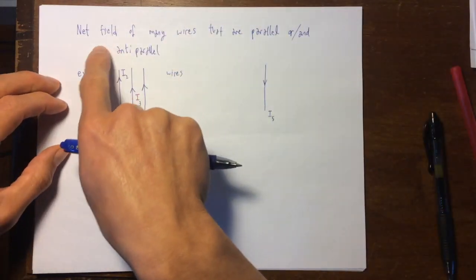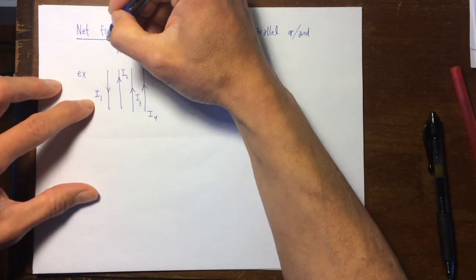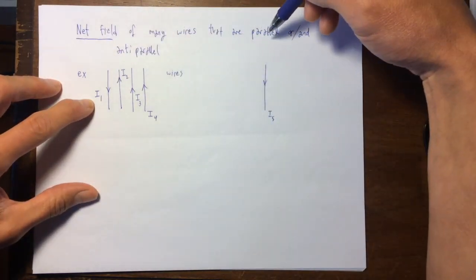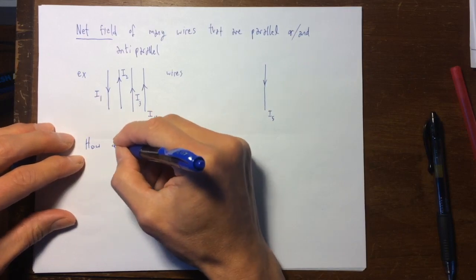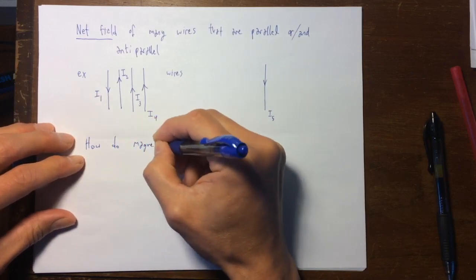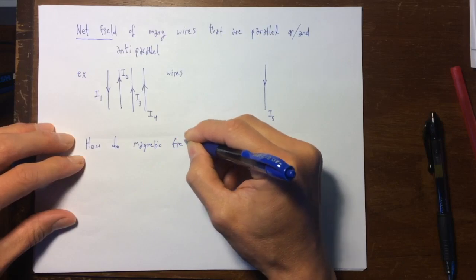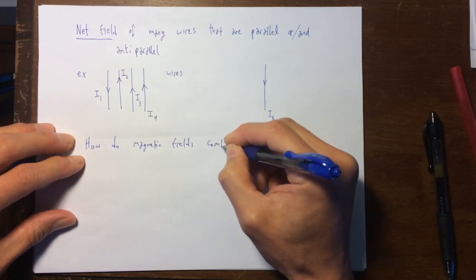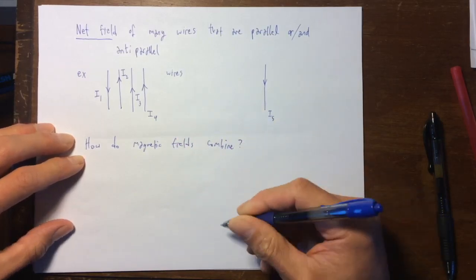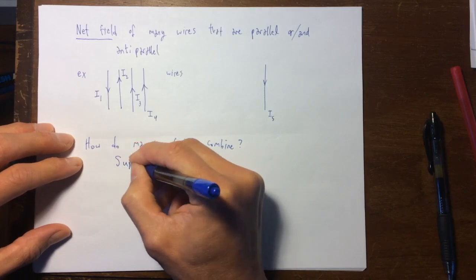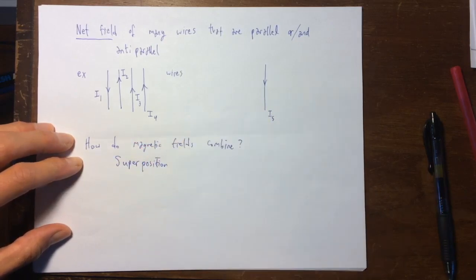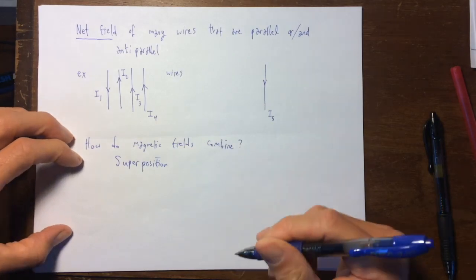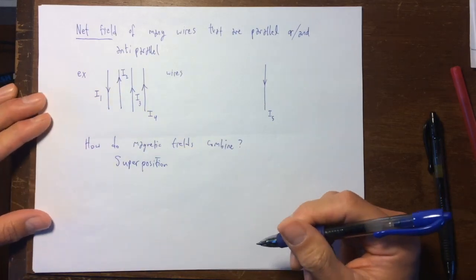So I could imagine that these 5 wires have 5 magnetic fields all mixing up with each other. If the goal is to figure out the net field of many wires, then we need to know how magnetic fields combine. And the answer is, they do the very simplest thing that anybody could come up with, and it turns out that nature essentially does this.